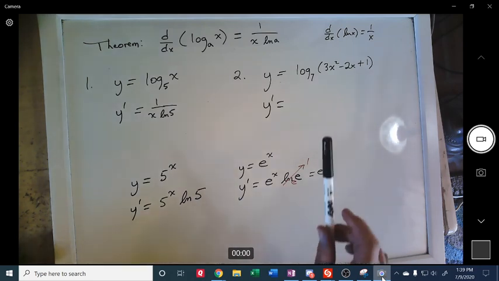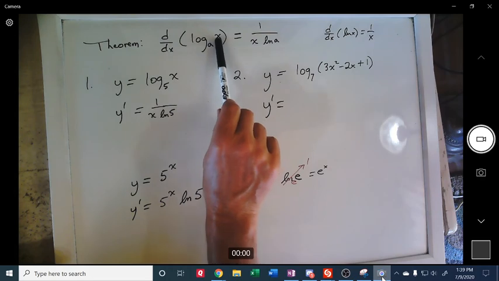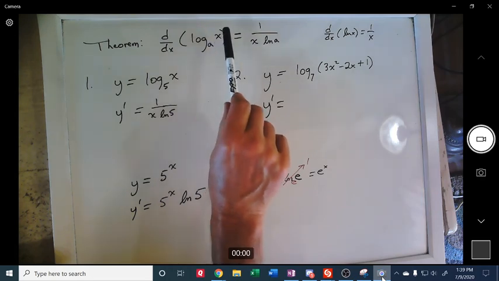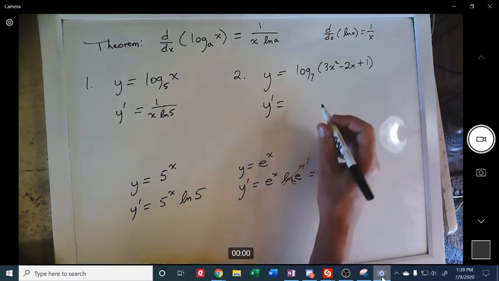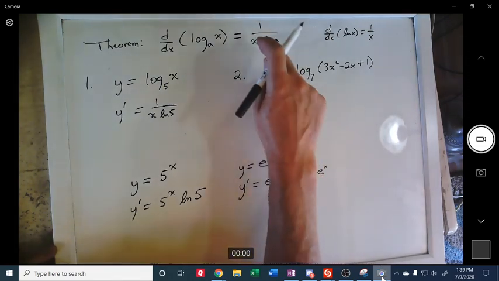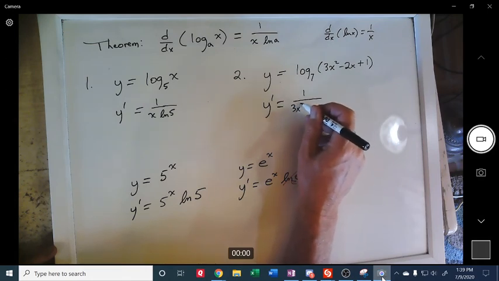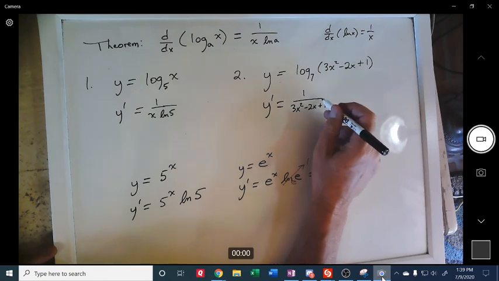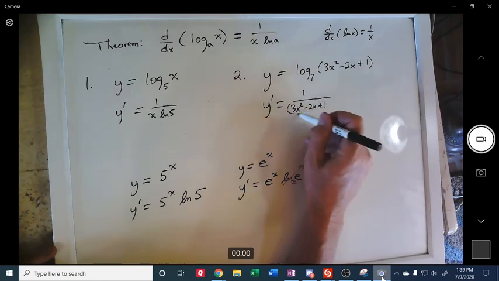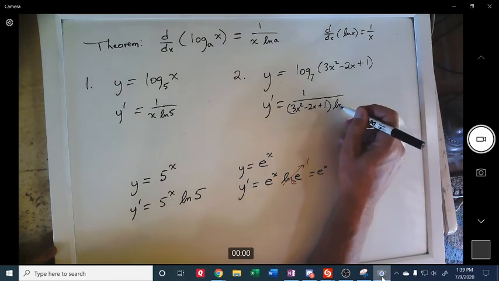So this is this, but we're thinking of this as a u now instead of an x. Since that's a u, they're also going to have a du dx. So I'm going to have 1 over u, and then I'm going to have a penalty factor for not having the right base.